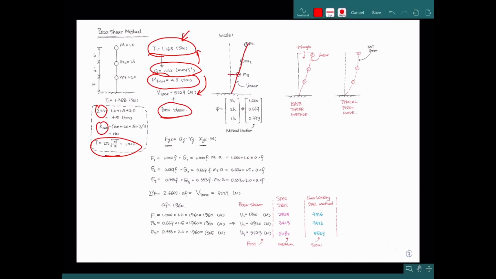So we have the relationship of the mode shape to the floor height. If we assume the top is 1.0, and the floor heights are equal, then the second floor is 0.667. This is the simplified method.